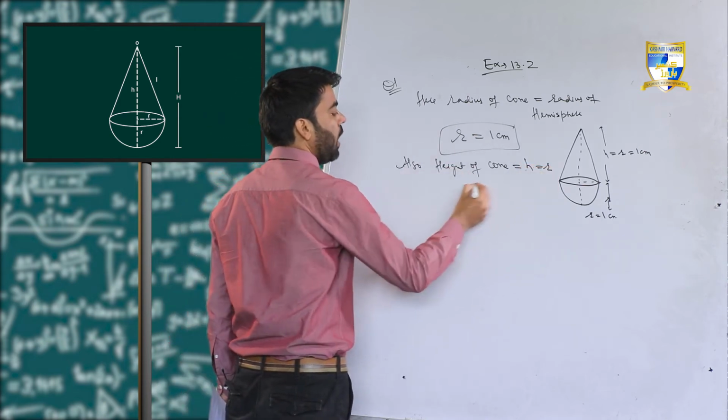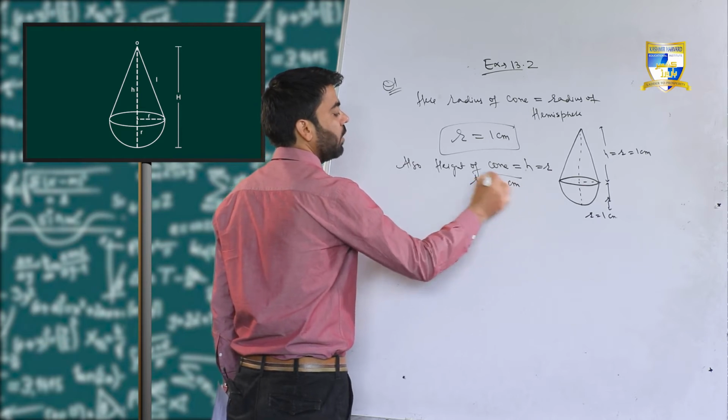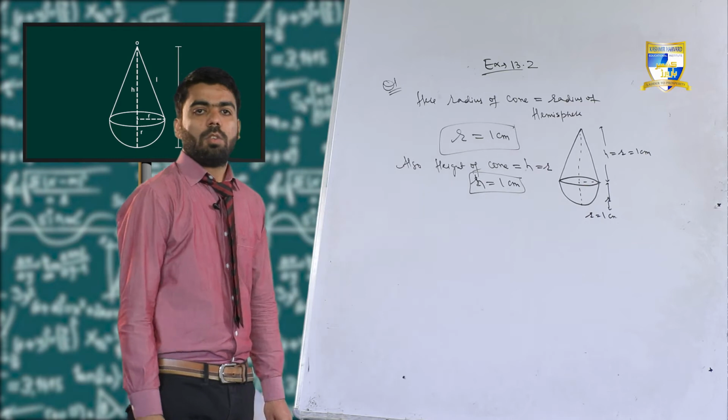So h equals r and r equals 1, which in turn means h is equal to 1 centimeter. Clear?